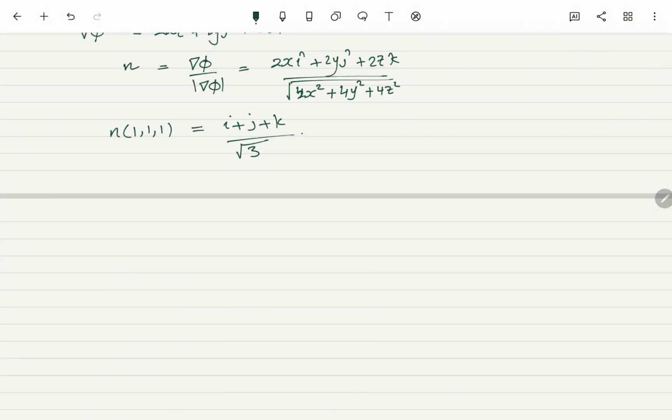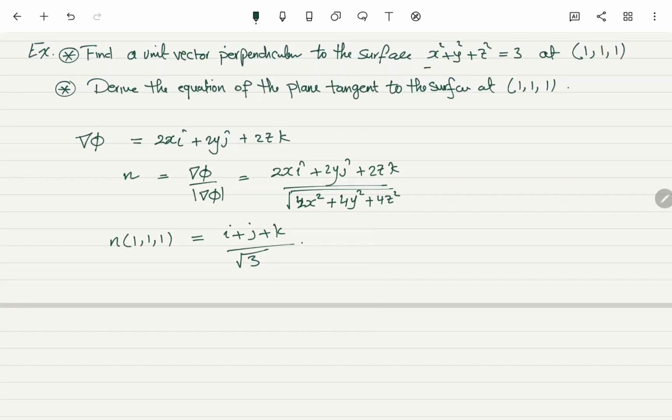And this is actually a unit vector perpendicular to this surface.